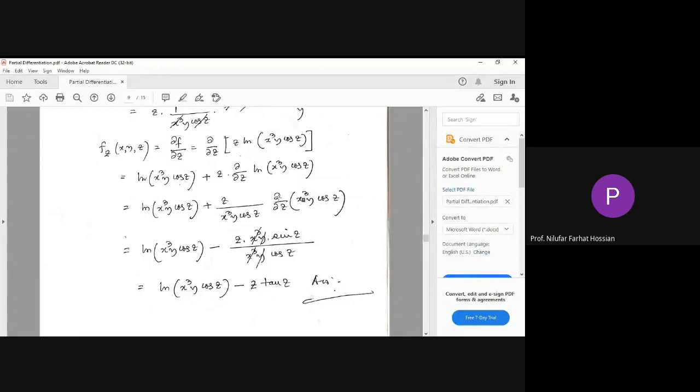And what is the derivative of cos z with respect to z? Minus sin z, right, minus sin z. So it will be what? z by x cube y cos z, this z divided by this whole thing will be there. And for this partial derivative, it will be minus x cube y sin z. Minus sign is there, minus x cube y sin z. x cube y cancel out. So this is your result.